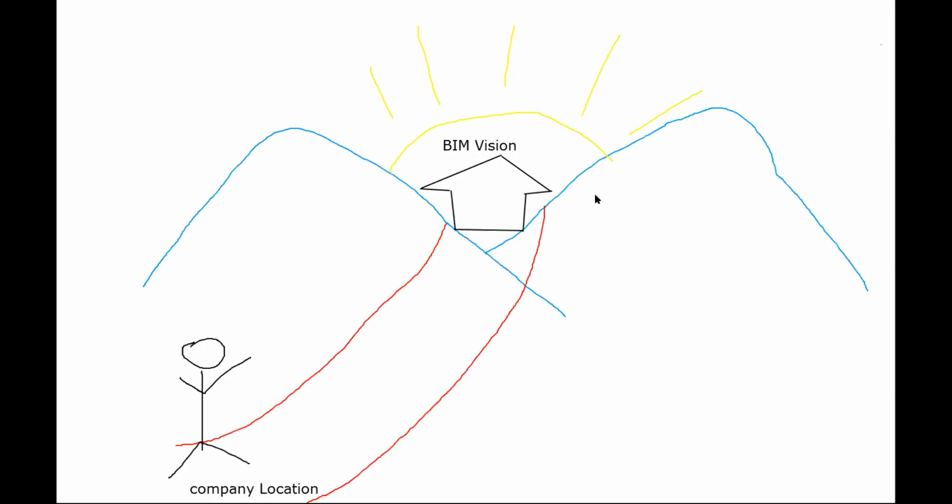So what we usually do is ask them to write on yellow post-it notes, go and stand at the board, and everybody writes down their BIM vision and puts it on the board.